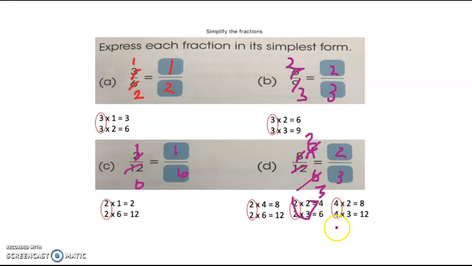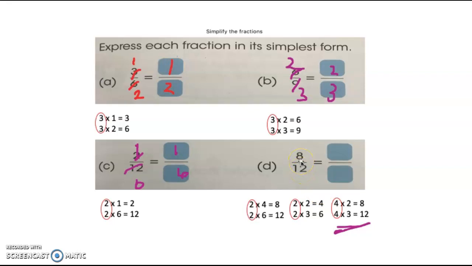Look at this work that I have written here. Now it's 4 times 2, 8. Also, there is no hard and fast rule that you have to fix one way. You can also use another bigger number that this 2 belongs to.